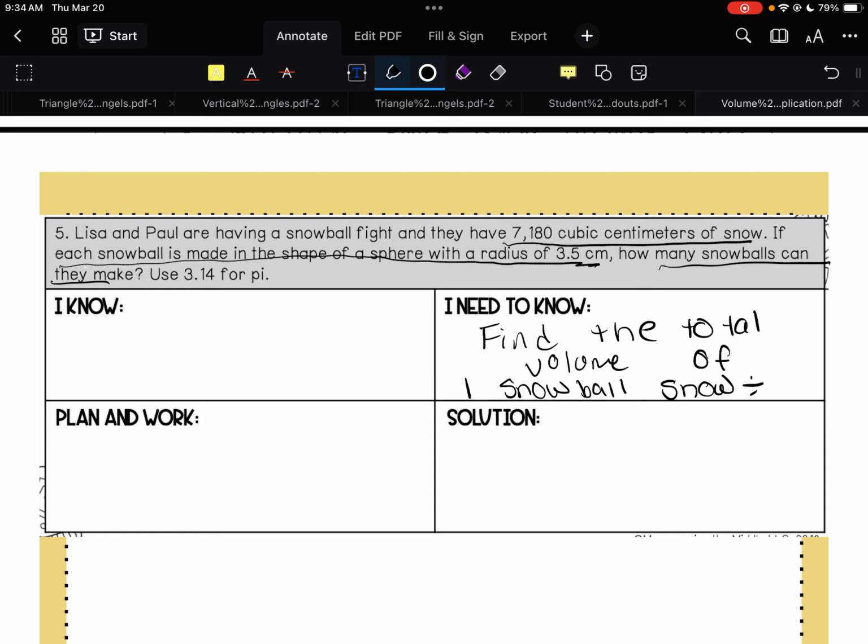So the total snow, which is given to you in the problem, the total snow and then divided by the snowball volume. So I'm going to want you guys to go ahead and pause this here and figure out the answer for this one.